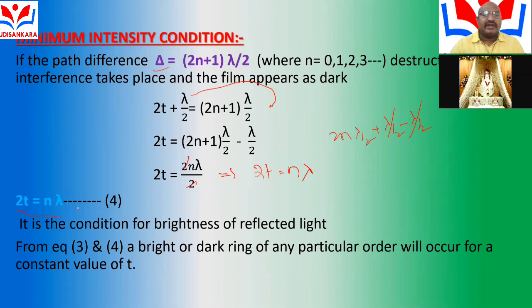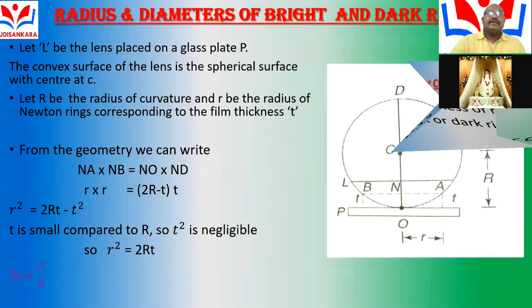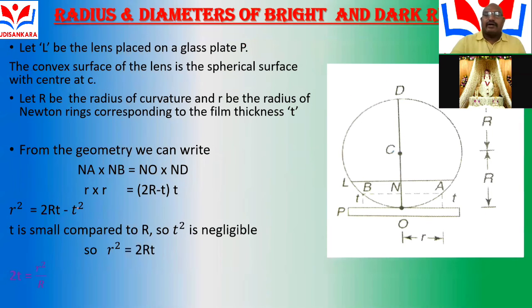From equations 3 and 4, bright and dark rings of a particular order occur at a constant value of t, and then we can find the radius or the diameter of the bright and dark rings. This is the plano convex lens, which is a sphere.